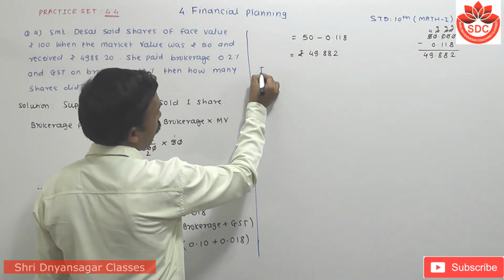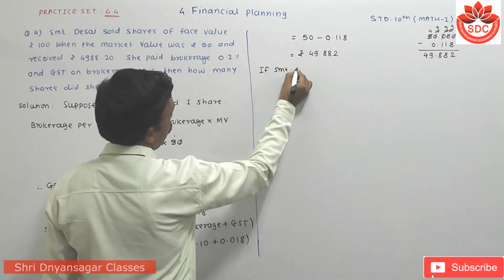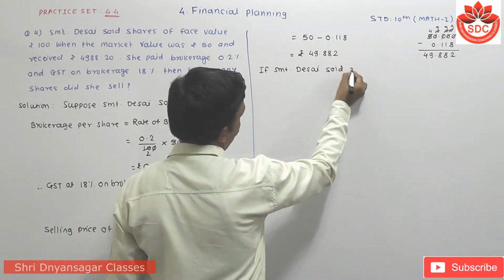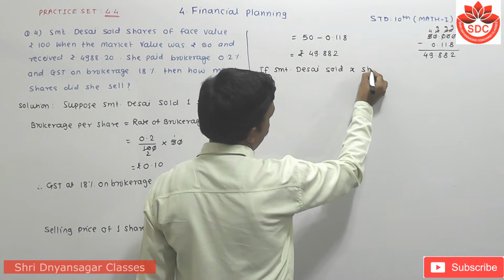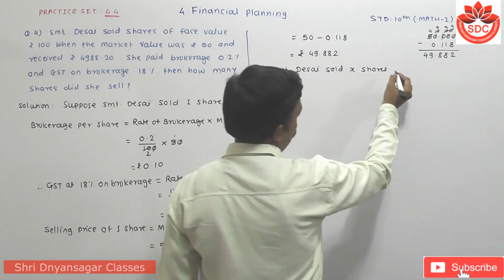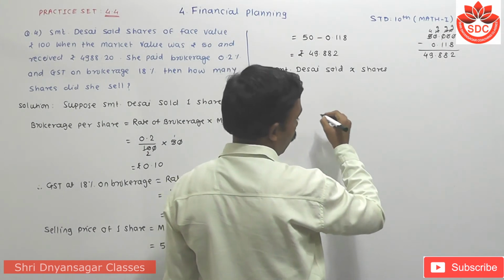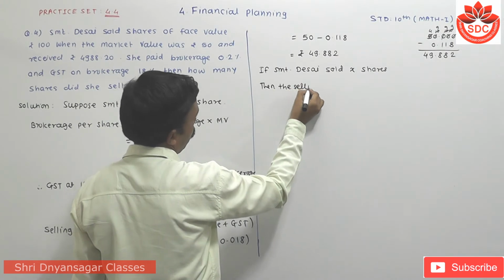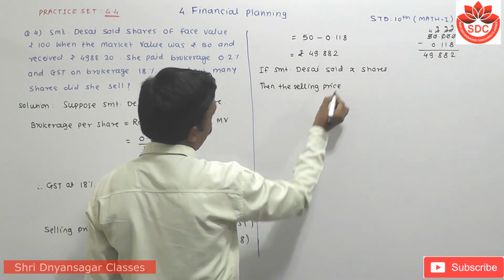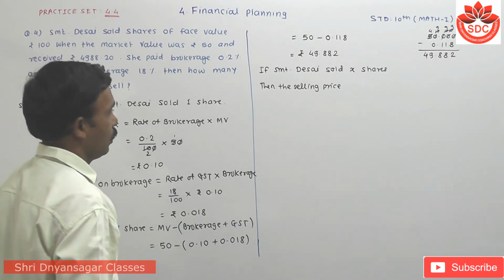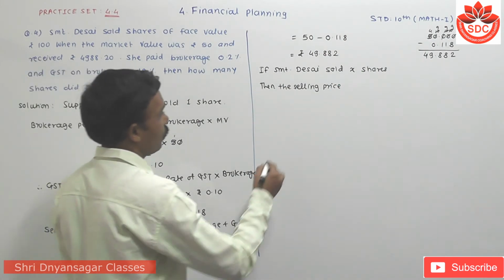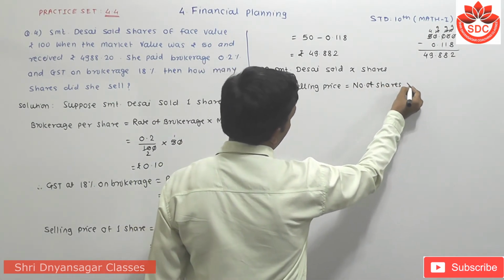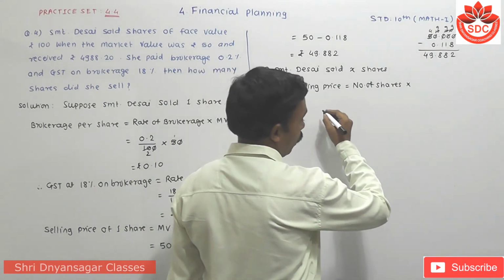If Srimati Desai sold X shares, then the selling price is equal to the number of shares into the selling price of one share.